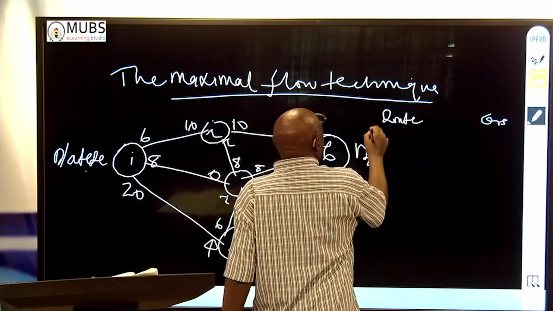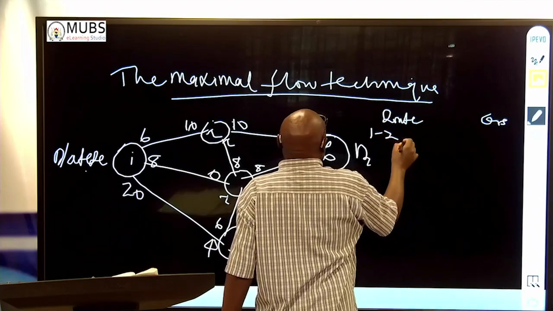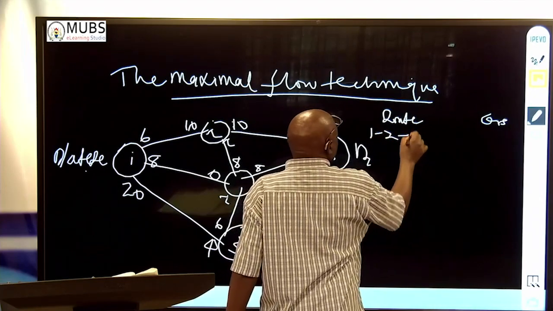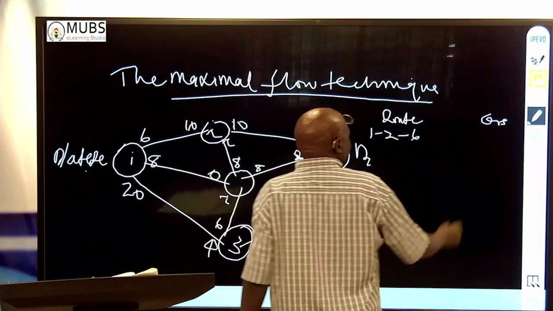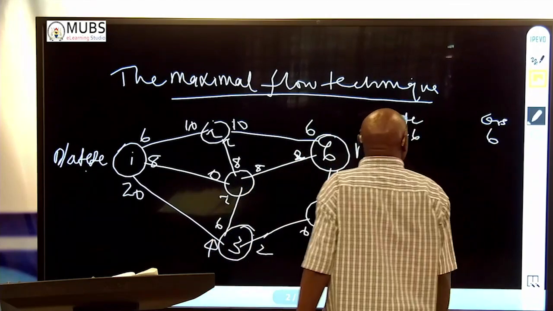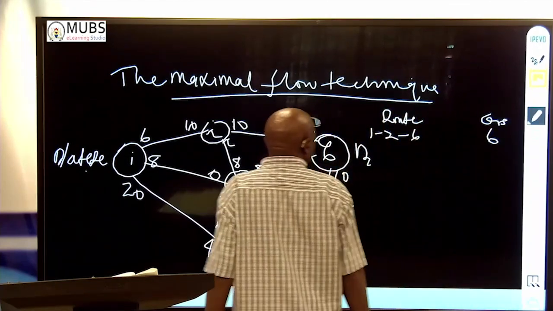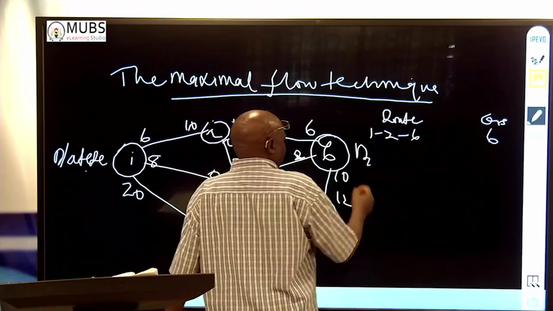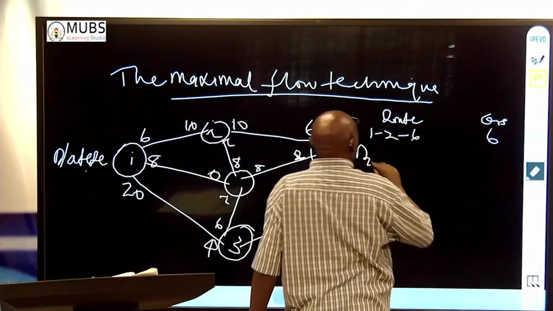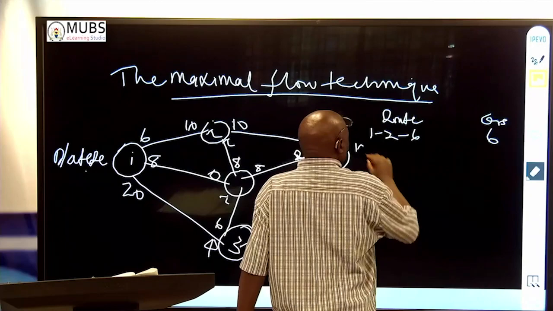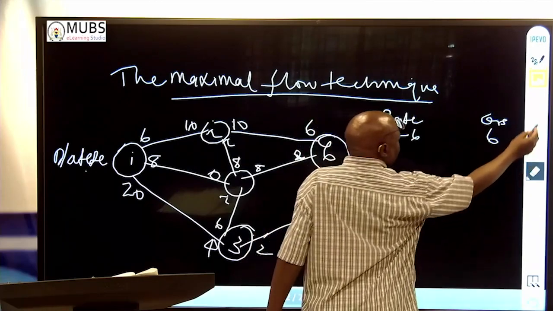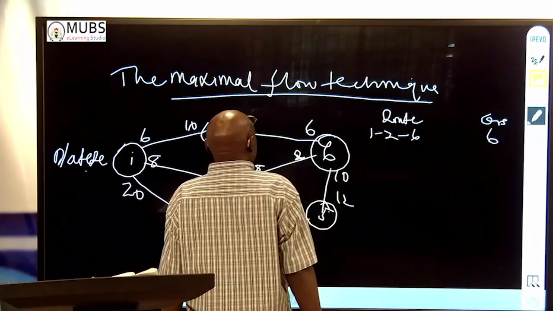So you have 1 to 2 to 6, and this route gives us 6 cars.